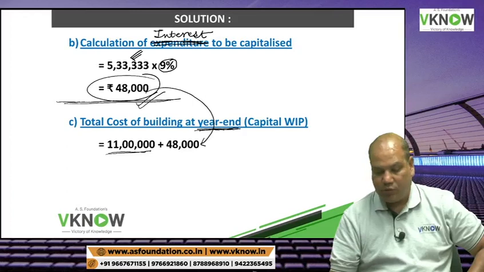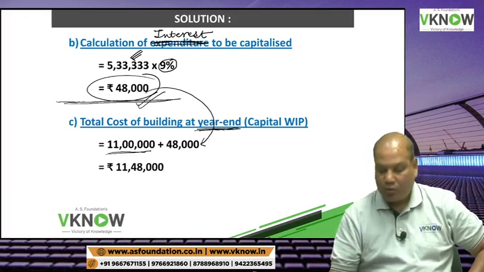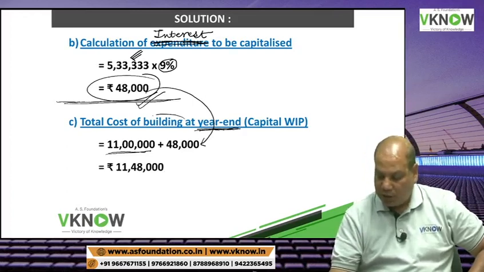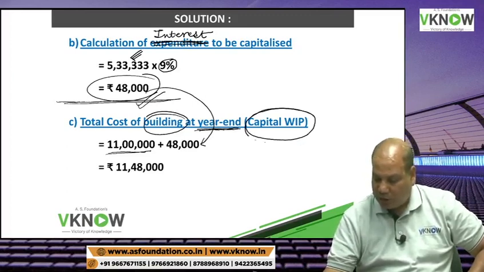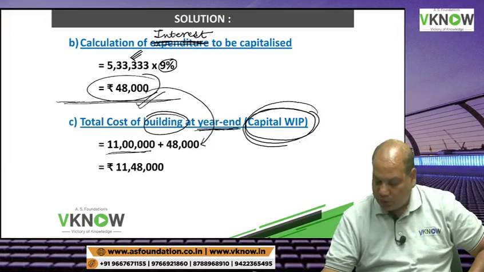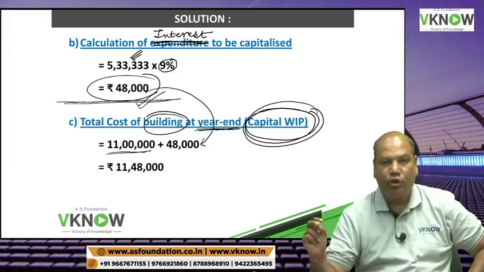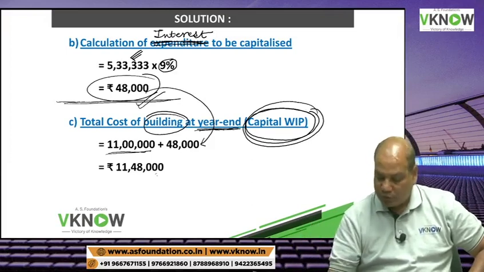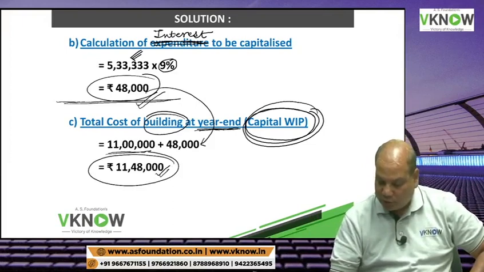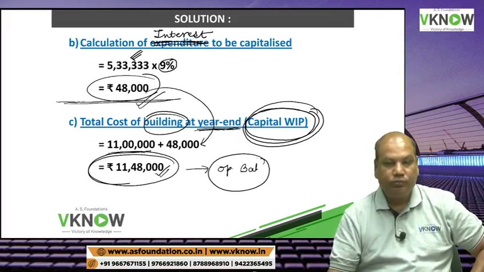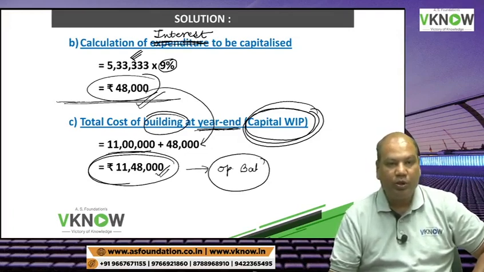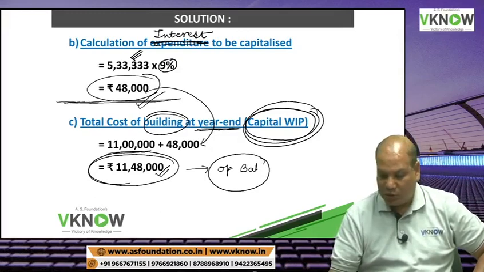So that means the building at the end of year 1 will appear as capital WIP. Capital WIP means the work has not yet been completed. 11,48,000. And this will become opening balance for the next year calculation.